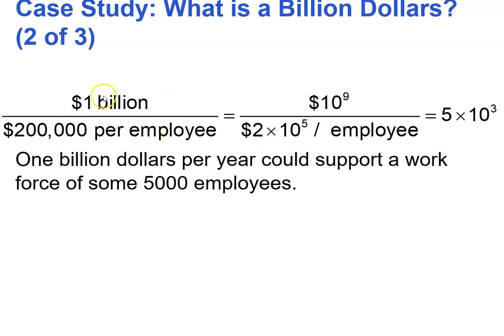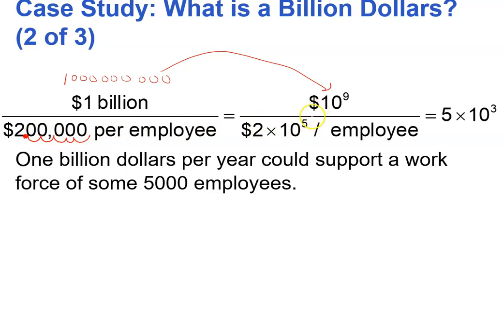So if we change this to scientific notation, 1 billion, remember a billion has 9 zeros, so that's how they've turned it into this. 200,000, if we move our decimal 5 times, we'll have the 2 between 1 and 10 like it's supposed to be, and we moved it 5 times, so that's 10 to the 5th.